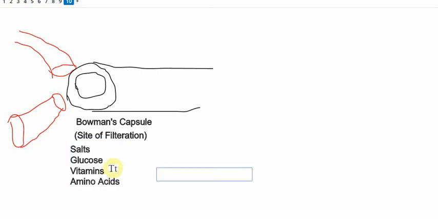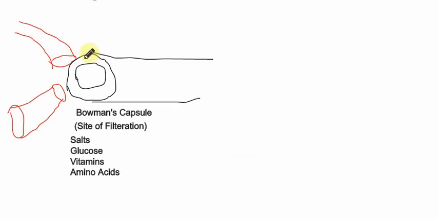The things that do not go through are proteins and red blood cells. So erythrocytes, they aren't going to go through. So that's important to know, because if they do go through, that means you are having kidney malfunction or kidney failure. So we do not want proteins or red blood cells to go through. So, the blood comes in from here, and it gets filtered, and it goes out in the efferent arteriole.